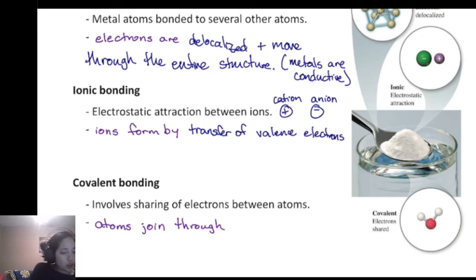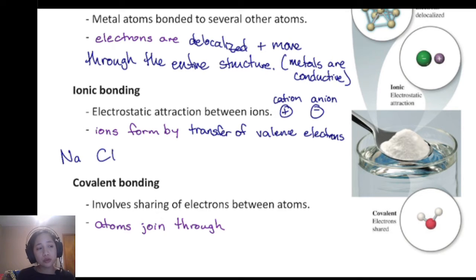Maybe if I show you an example here. If we have a neutral sodium atom and a neutral chlorine atom, we know that a substance that has both sodium and chlorine typically forms sodium chloride, the ionic compound. But right now I have them just written as their neutral substances. To produce the ionic bond, we have to make first a cation and anion.